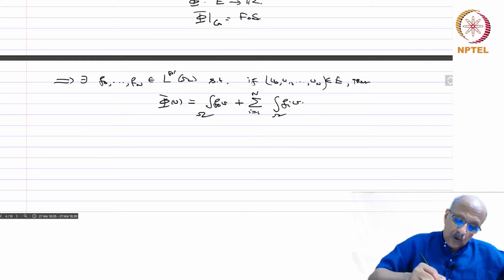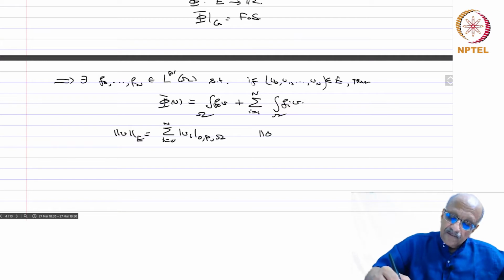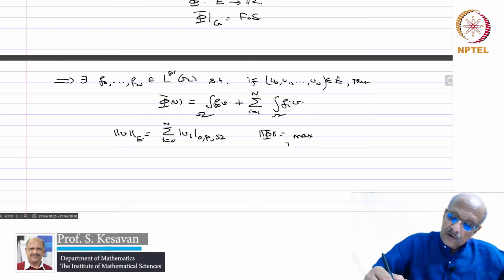And if the norm of v in E is the sum for i equals 0 to n of the L^p norms of v_i, we have the norm of phi equal to the max over 0 less than or equal to i less than or equal to n of the L^{p'} norms of f_i.